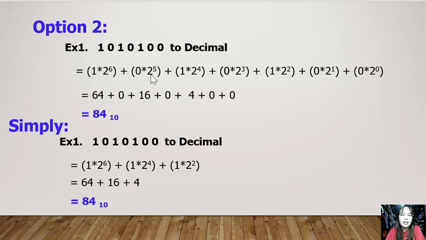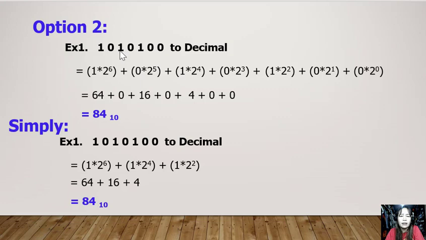So in essence, even if you don't compute the digits represented by 0, you will still get the same result. But let's go over this just to understand how it is computed. The next value is 1 times 2 to the power of 4. Again, why 4?